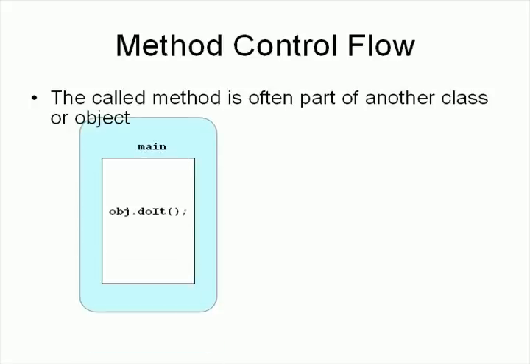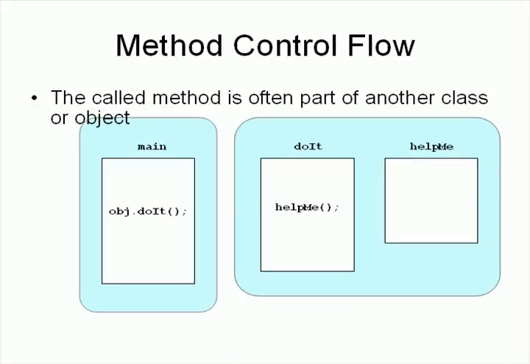Here we have a class that has a main method. We create an object from a class, and we call that object's doIt method. In the doIt method, it calls the helpMe method, which is part of this class.